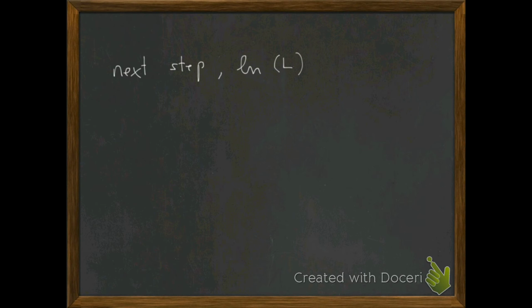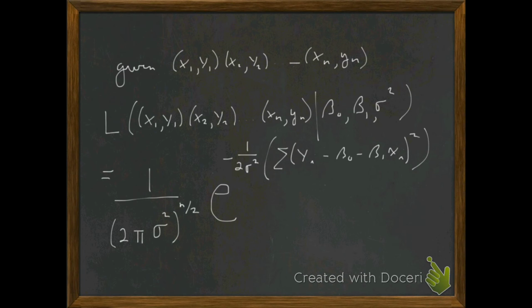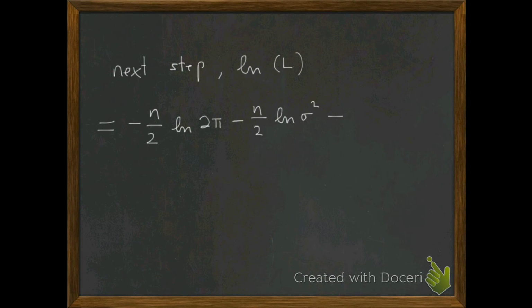And the natural log of the likelihood function is going to end up being minus n over 2, natural log of 2 pi, minus n over 2, natural log of sigma squared, minus 1 over sigma squared times the sum.